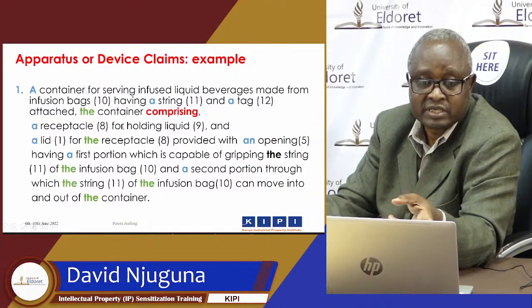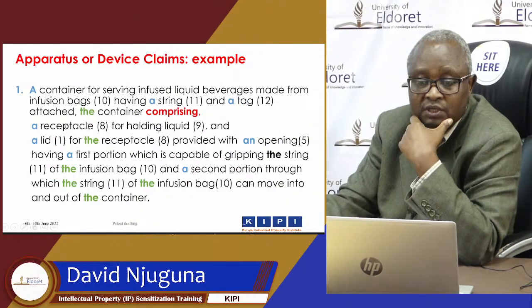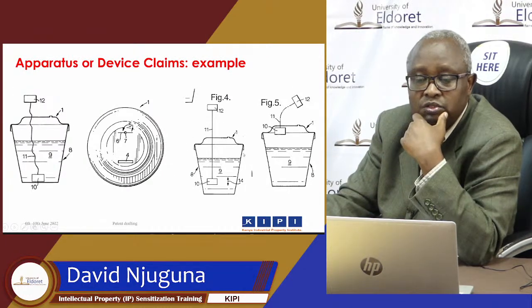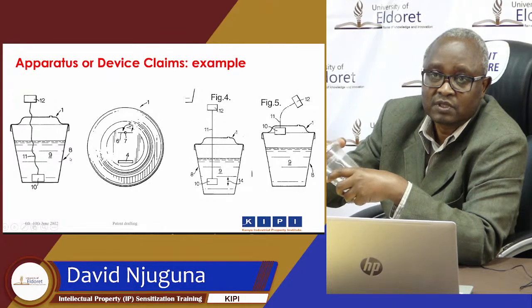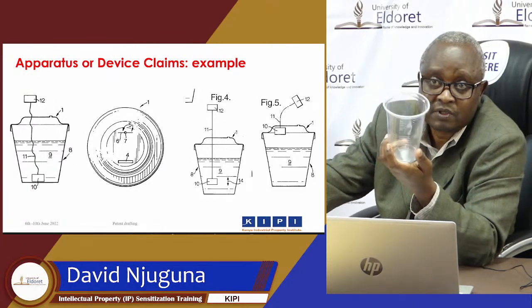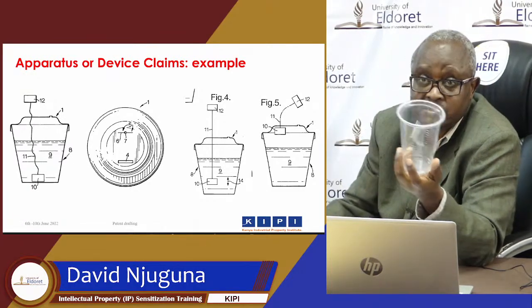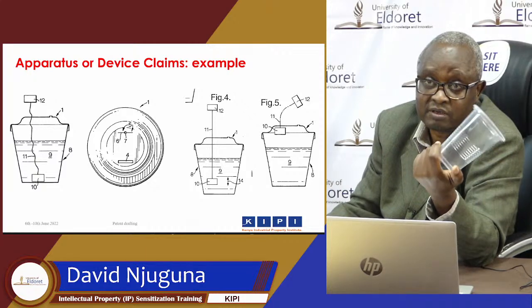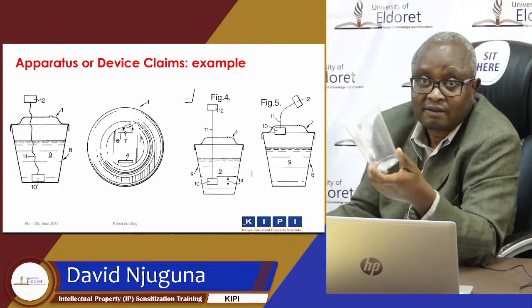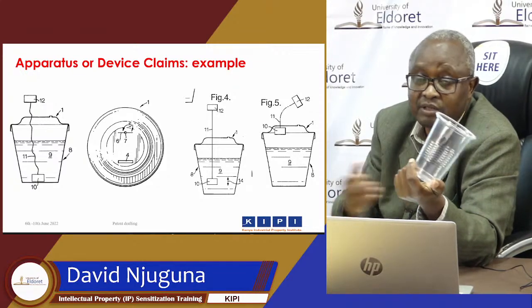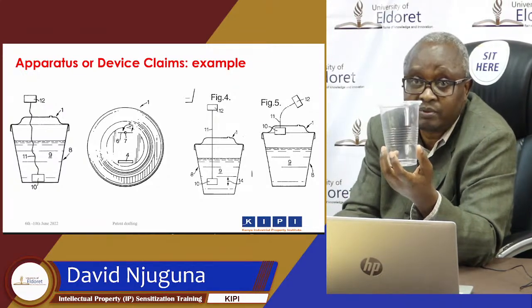And it says the container has a receptacle. So you come again to the drawing, you'll find the receptacle is the cup. And people use different names. A different name for this one, for example, you can call it a cup. Just the way the terminology you give it could be a cup.